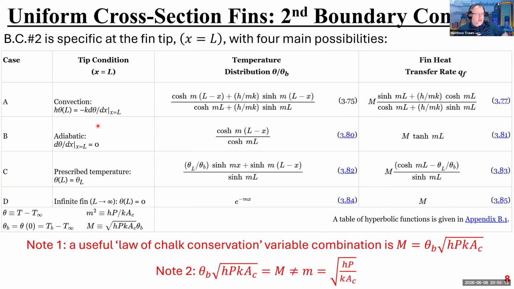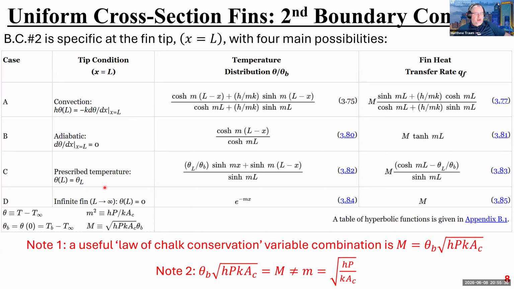Second possible boundary condition is adiabatic, meaning no heat transfer at all from the tip. In that case, we know from previous discussions of adiabatic boundary conditions that the derivative of temperature at the tip with respect to x has to be zero, right? And if it's zero, there's no heat transfer, hence adiabatic. So that's another boundary condition that we can put in.